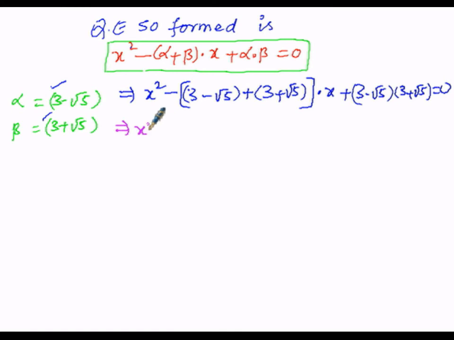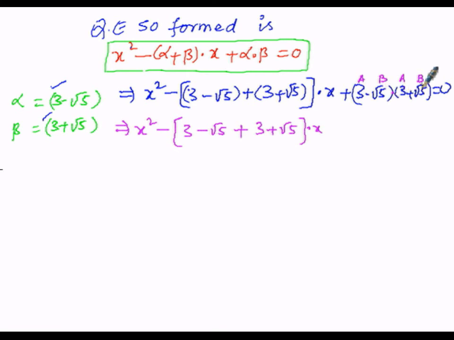Further simplification: x square minus, to remove the small brackets, because before the small bracket there is a positive sign, there won't be any change in the signs inside the bracket, into x. When we assume 3 as a and root 5 as b, we have a minus b into a plus b.